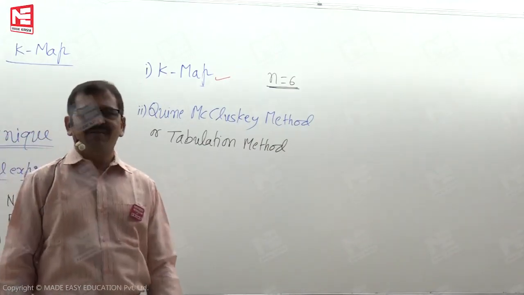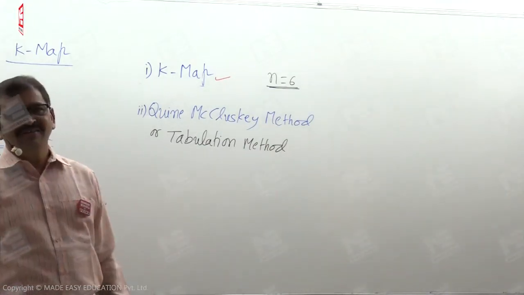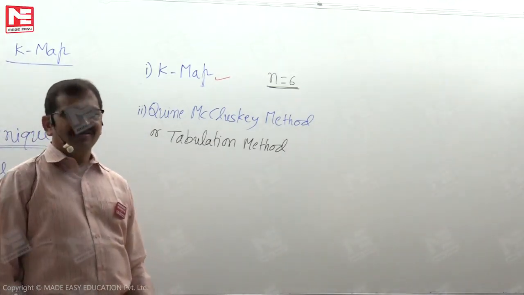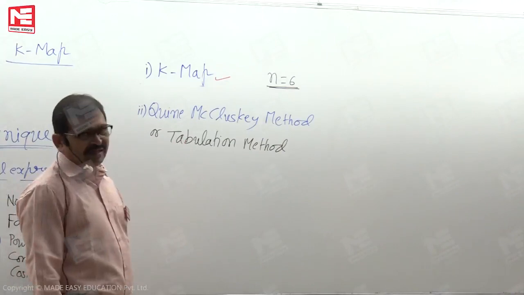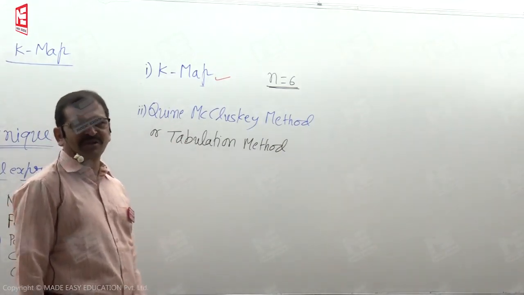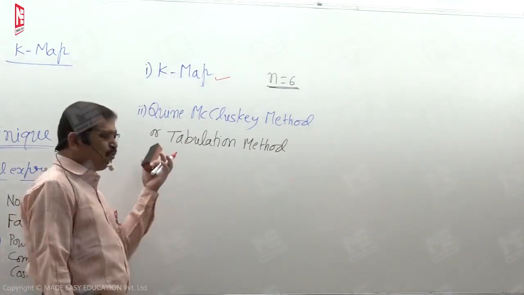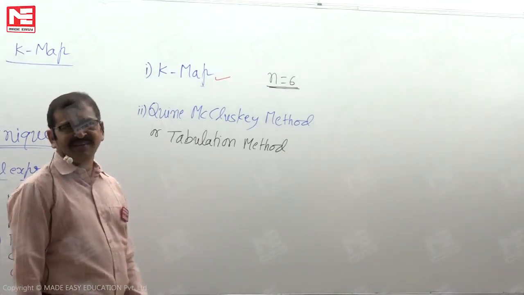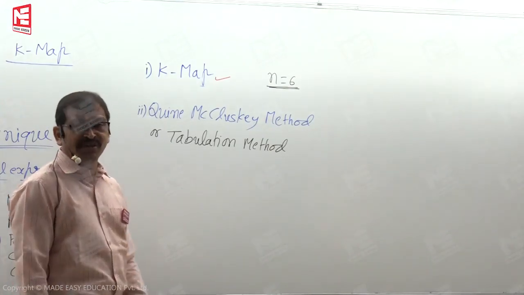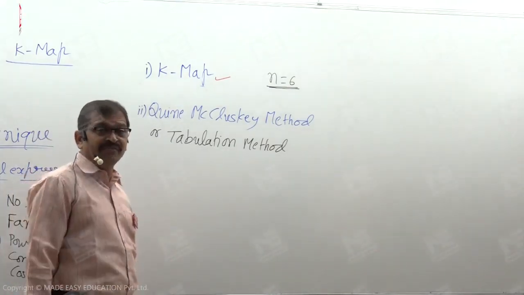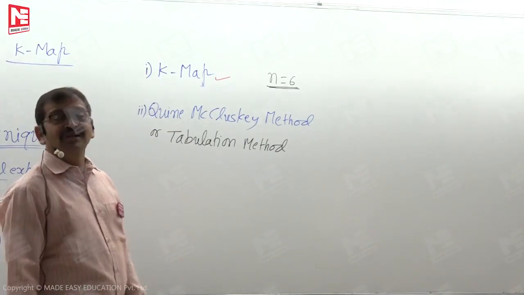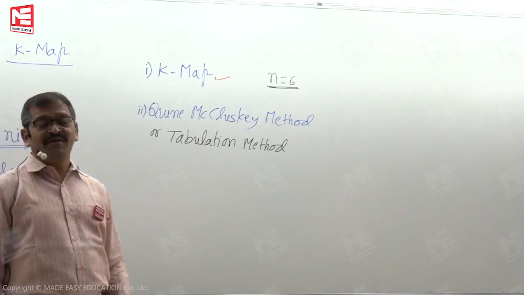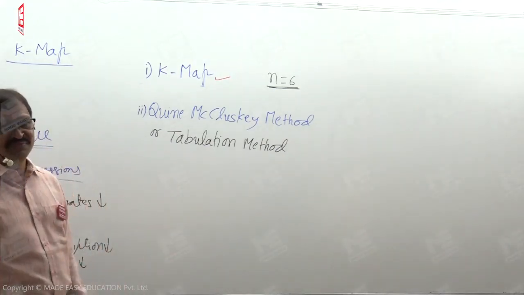But coming to the Quine-McCluskey method, there is no such limitation. We can use this procedure on a function of any number of variables, maybe 3 variables, maybe 4 variables, or maybe 8 variables, maybe anything. Theoretically, it is possible to use this second procedure on a function of any number of variables.